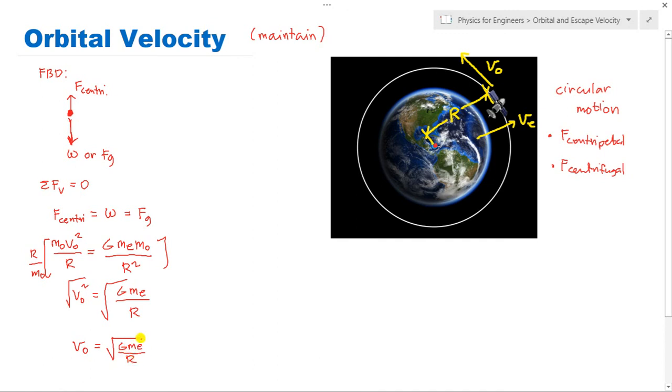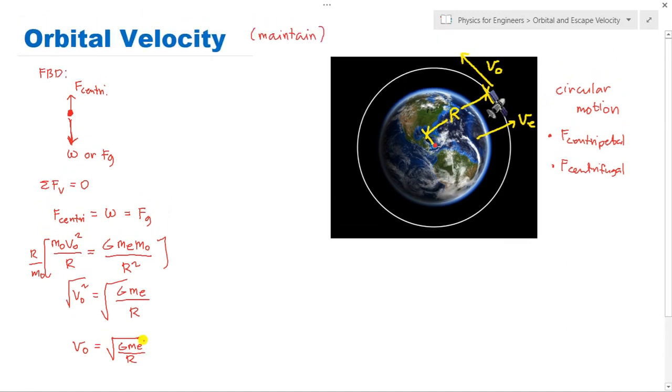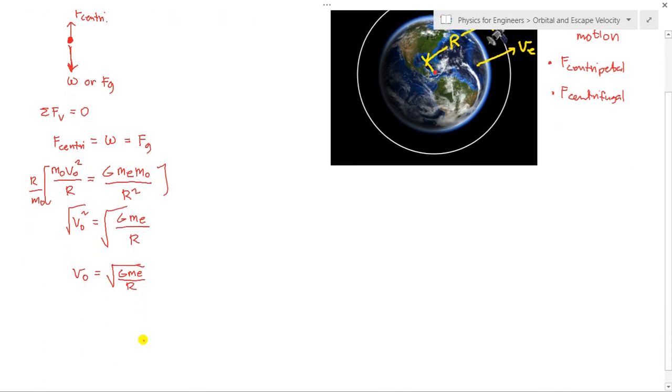So take note, r here is not the radius of the Earth, but the radius of the orbit of the satellite. So again, this is the general formula for our orbital velocity. Always remember this one, class.